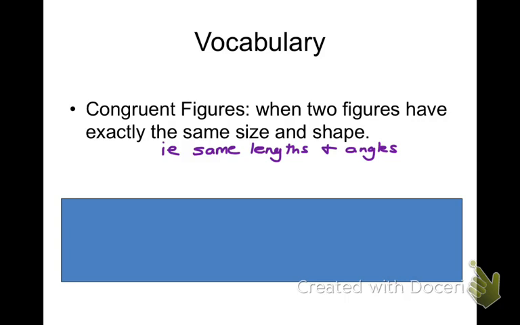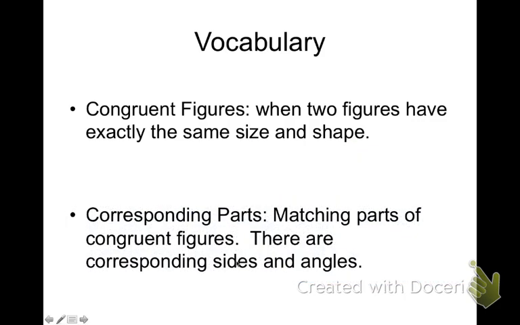Okay, so when we have congruent figures, what we're going to end up with is something called corresponding parts. Now, you've heard the word corresponding angles before, last chapter. What do corresponding angles look like? They're in the same location, right? So that's kind of the same thing that has to do with corresponding parts. For corresponding parts, we're looking for matching parts of congruent figures.